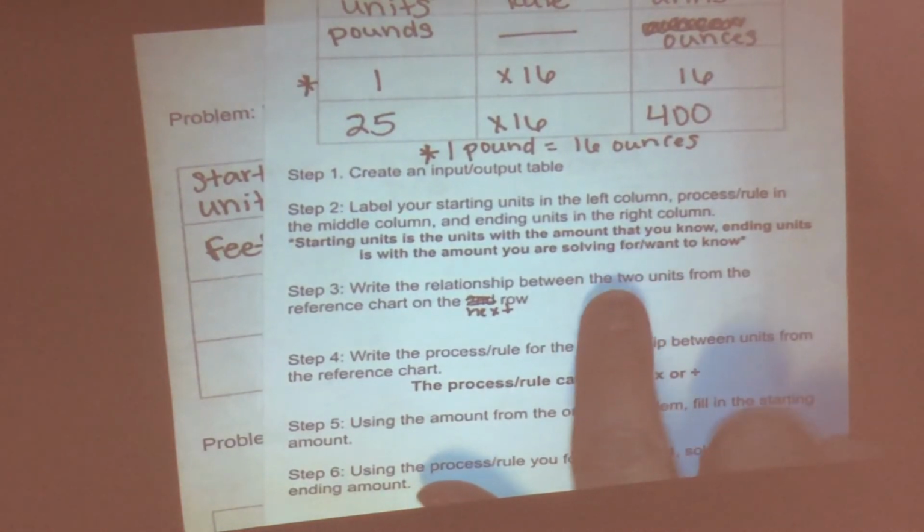It's right up here. Write the process rule? Not yet. Look at step 3. Write the relationship between the two units from the reference chart.